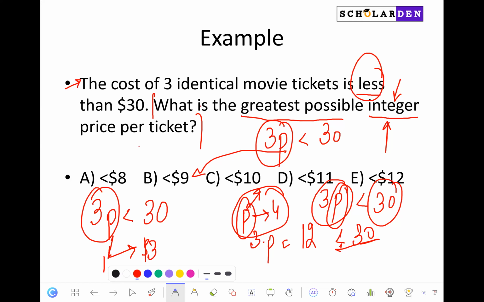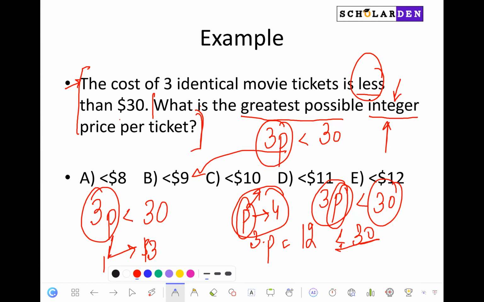Yes, if we looked at the first statement separately, 8 and 9 would be valid, but we have to take this problem holistically. We have to take both statements together.